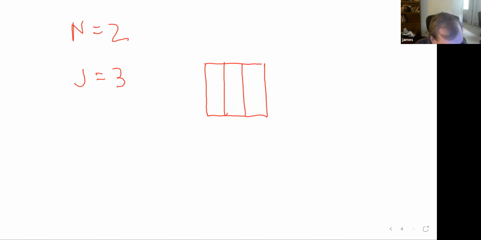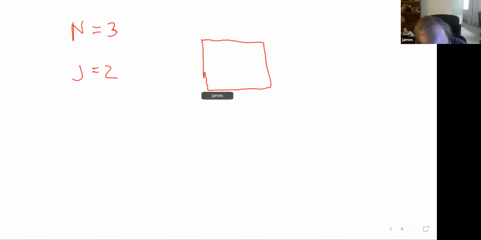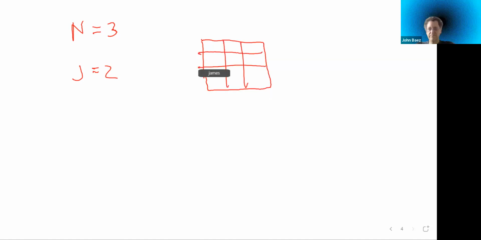So for now it's n equals 3 and j equals 2. This is the point where I'm drawing 3 by 3 matrices. That's what a j index tensor looks like when the basis has 3 elements.